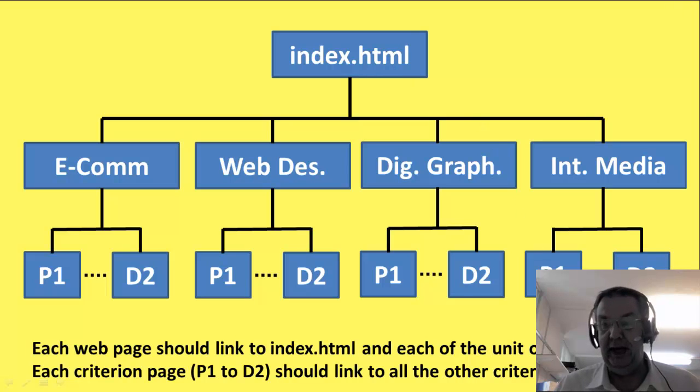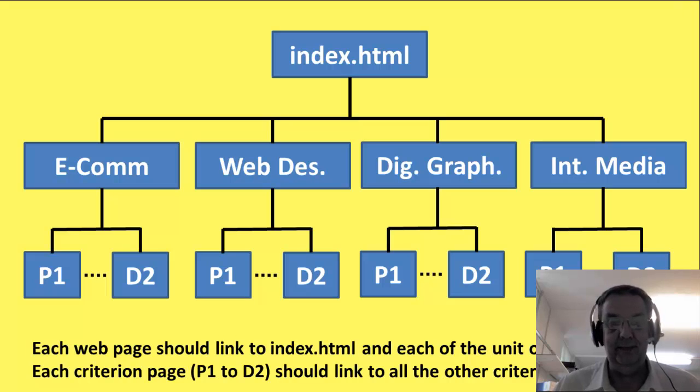It should also link to each of the other criteria for this unit, but it's probably not a bad idea to have a standard set of menus that link to both interactive media, digital graphics, web design and e-commerce from P1. That will allow you to flit around, and it will also make life a lot easier for those doing the marking.